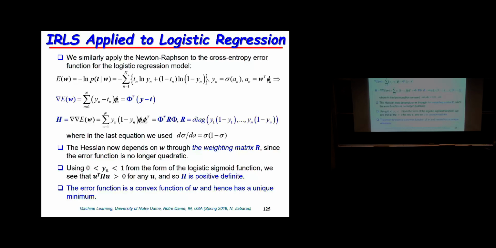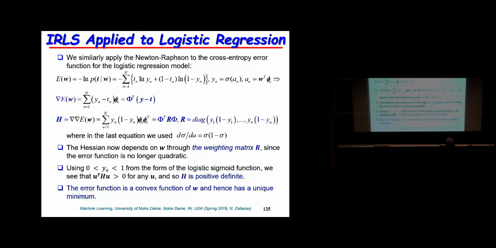We saw this before, right? I remind you y was the posterior probability given as a sigmoid of alpha, and alpha is W transpose phi. Okay? So if you take the gradients, we already did, right, a few slides ago. If you take the gradient, you get this.